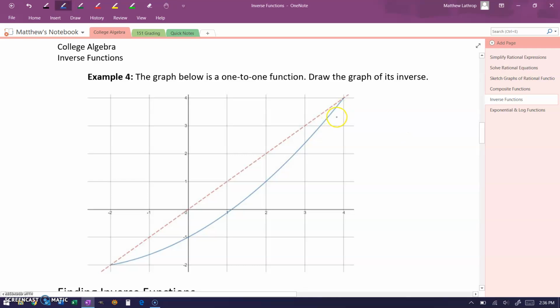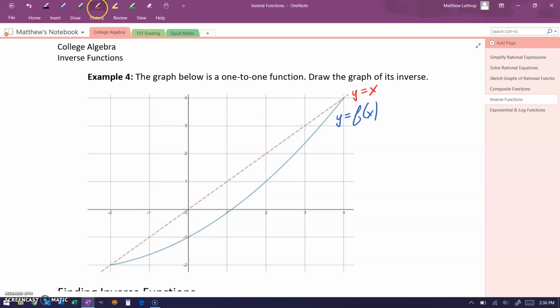In example 4, we're given a function which we'll call y equals f of x, and we're given this line of symmetry y equals x. The horizontal line test would tell us that y equals f of x over this specific domain is a one-to-one function.